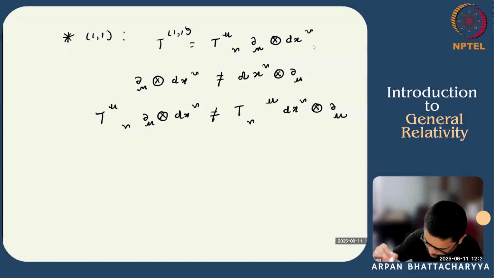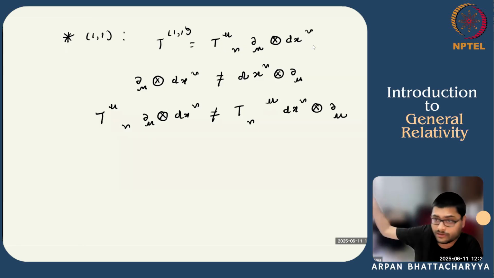Okay. So remember the convention is that the index associated with the del basis is written upwards and closer, and the index associated with the coordinate differential basis is written downwards and away. And if you interchange it, this now becomes associated with the del, but coming after dx mu, so it is far away, and this is downwards but coming closer because it is associated with the dx mu, which is coming first now if you interchange the order.